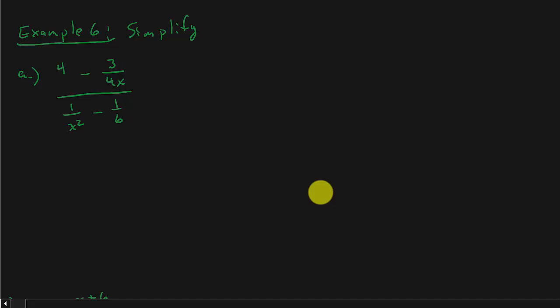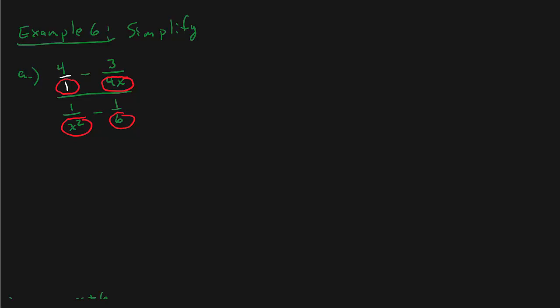All right, so first thing we want to do is let's look at everything as a fraction. So I just put the 4 over 1 there. Now, what I want to do is look at each denominator, and I want to get the common denominator.